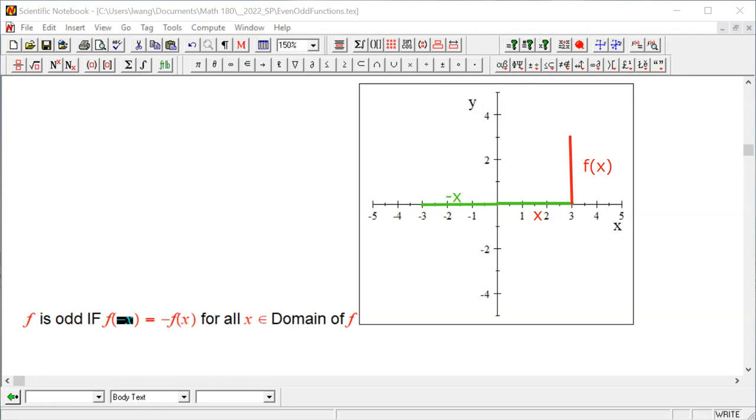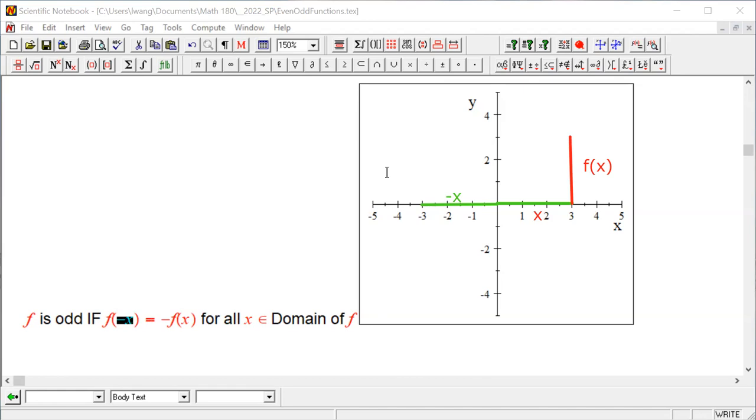The output is vertical, horizontal is input. So input for X, and the output for X. And what will be the input for the other side? It's negative X. So the output f of negative X is the opposite of f of X, because you see there's a negative sign in front of it.